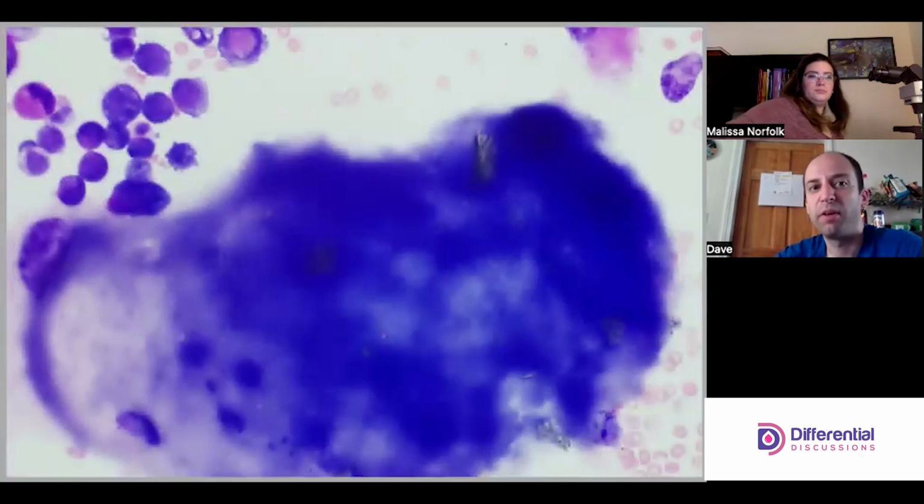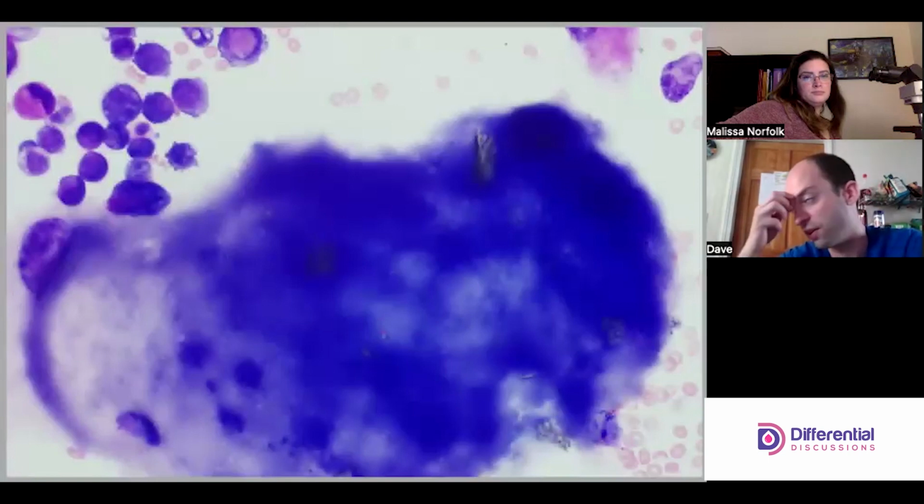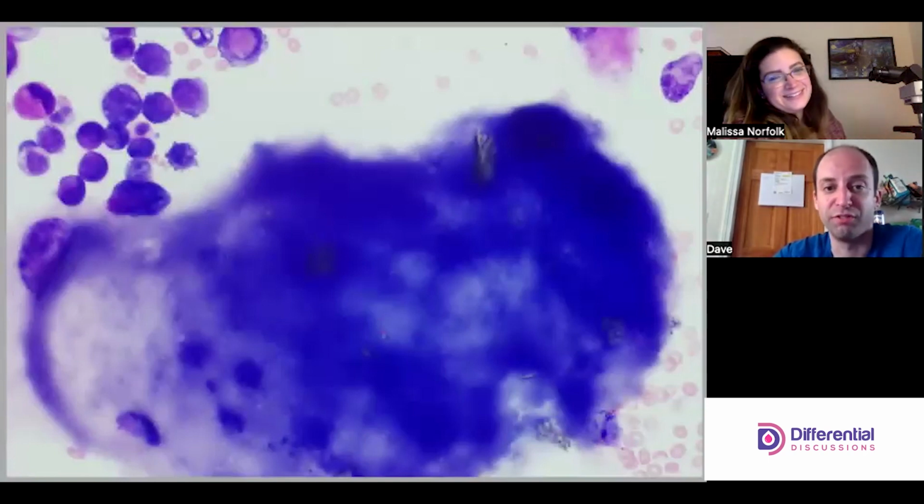So again, remember that cells have a three-dimensional aspect to them. This looks a little less than what I maybe expected it to look like. There's a real suspicion of tumor here, right?